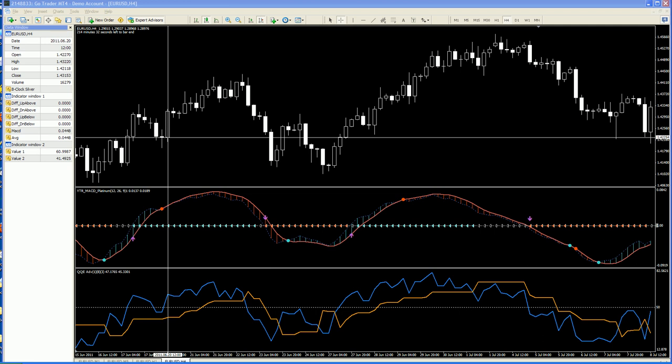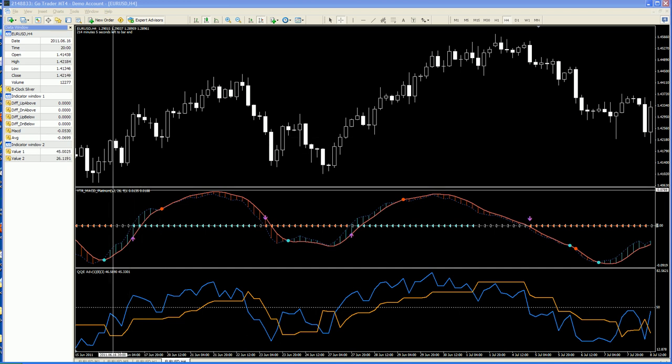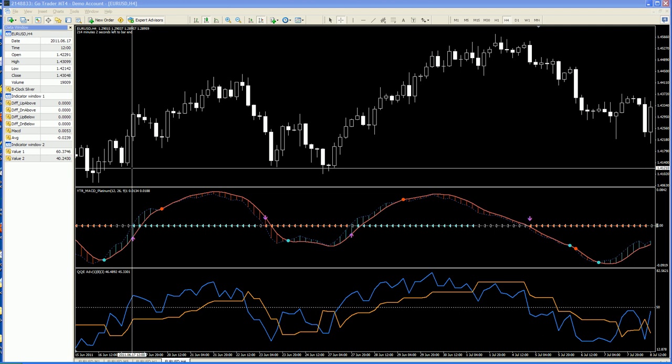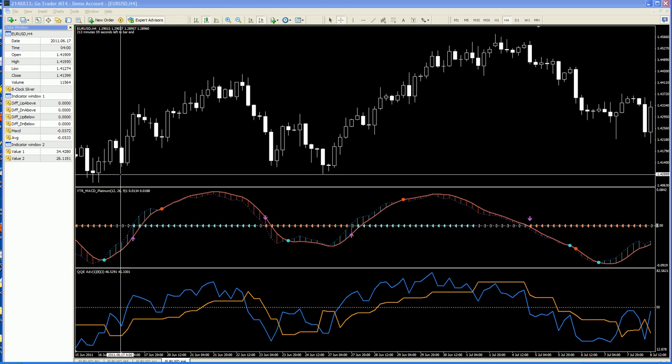you know, we might have, say, an uneven number. If it could just round it down, say we had, for example, 3 mini lots, and we couldn't go to micro lots, so half of 3 obviously doesn't work in the mini lot world, so say close 2 and keep 1 open, and move the stop from the initial entries to a break-even point.